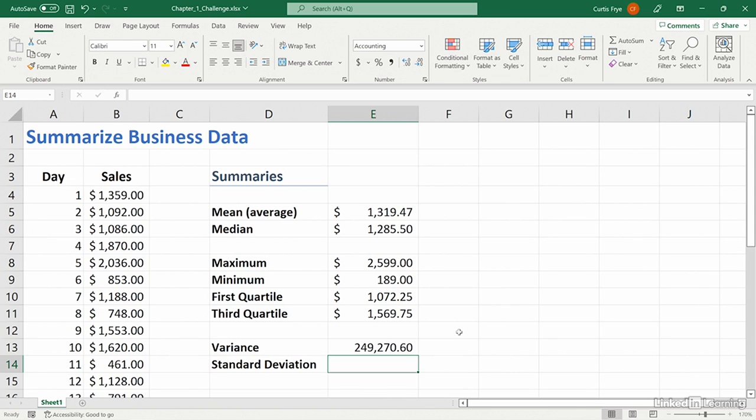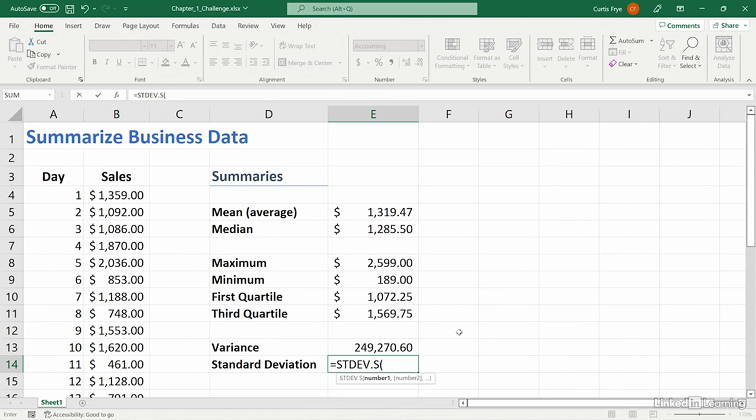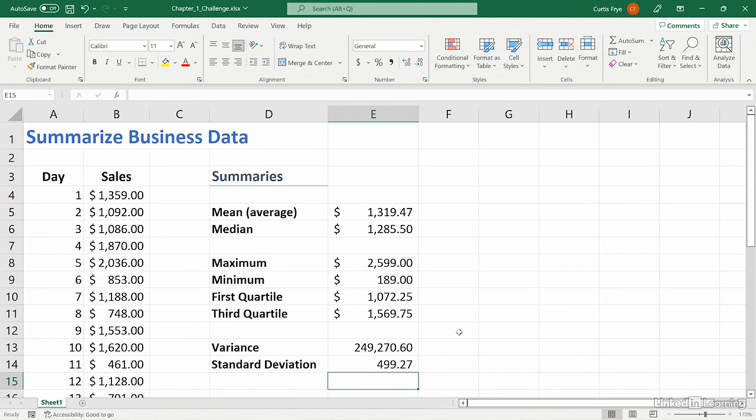The standard deviation is the square root of that value, so I'll type an equal sign, and stdev.s, again, working with samples, which is a more conservative estimate, and then B4 through B33, right parentheses and enter, and we get 499.27, which is the square root of the variance that we had earlier.